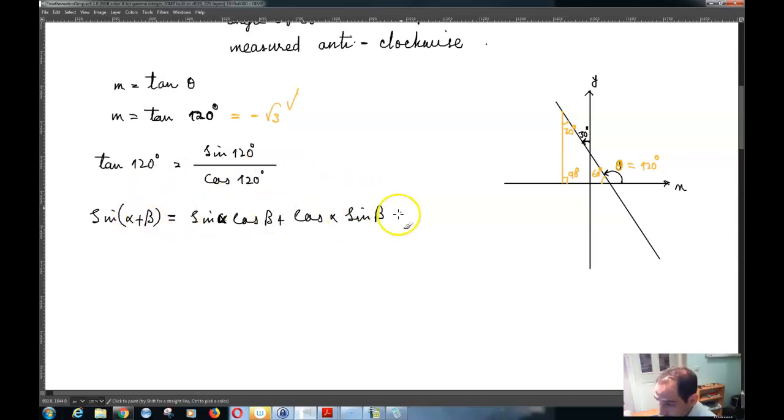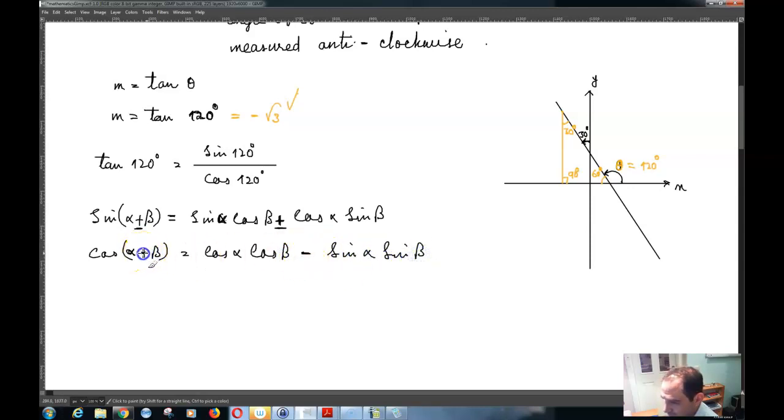Sine of alpha plus beta is equal to this, and for sine of alpha minus beta, you have to change the sign over here, and it's exactly the same formula. And you know that cos of alpha plus beta is equal to cos alpha cos beta minus sine alpha sine beta.